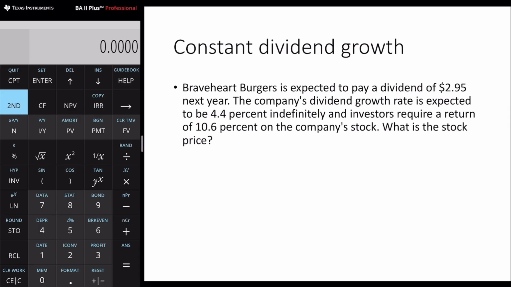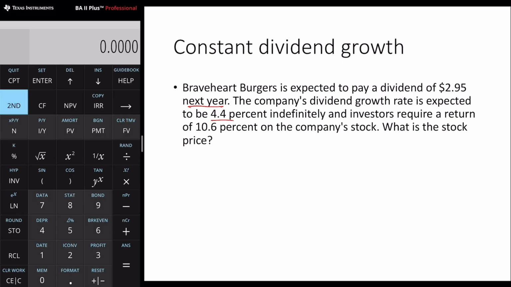Okay, let's look at another example to really solidify this idea. Braveheart Burgers is expected to pay a dividend of $2.95 next year. The company's dividend growth rate is expected to be 4.4%, and investors require a return of 10.6% on the company's stock. What is the stock price today?